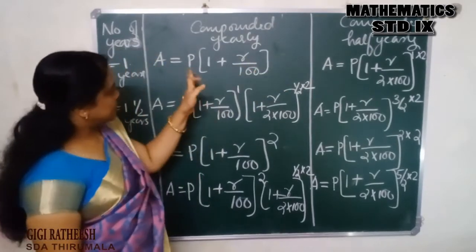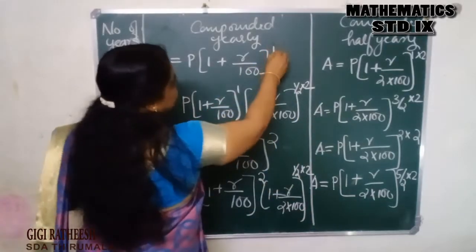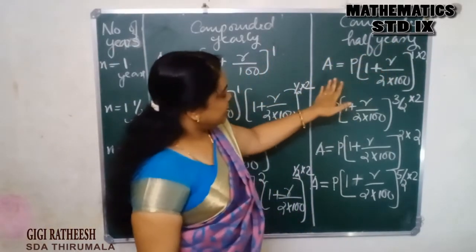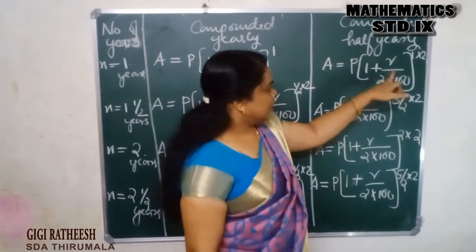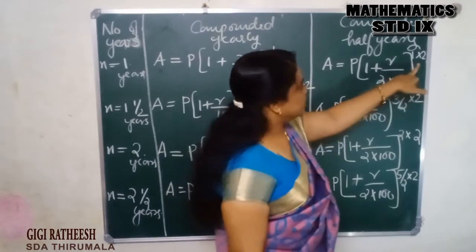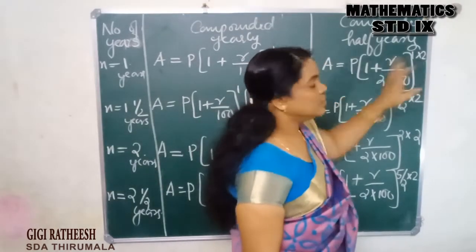And if it is calculated half yearly, A is equal to P into 1 plus R by 2 into 100 the whole raised to N into 2, that is 1 into 2.